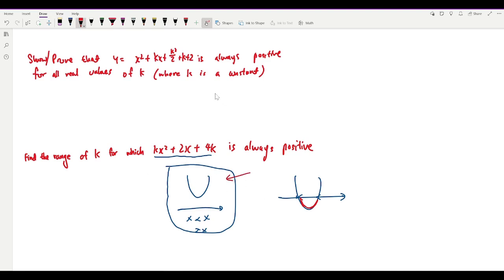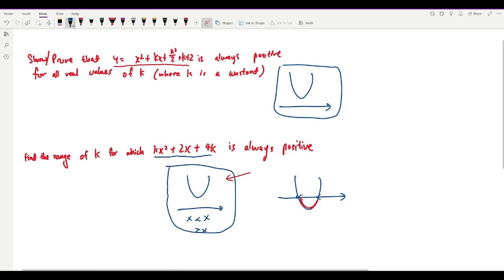For the question on top, you're supposed to show that this equation is always positive for all real values of k. That means there's only one scenario, and it's like that. It's a U-shaped curve above the x-axis. So what does this imply about your discriminant in that case? For the question below, find the range of k for which this is always positive, let's say your discriminant is an n-shaped curve.